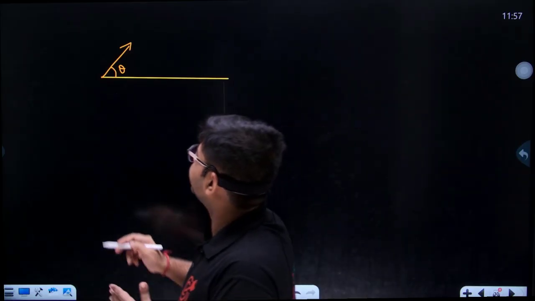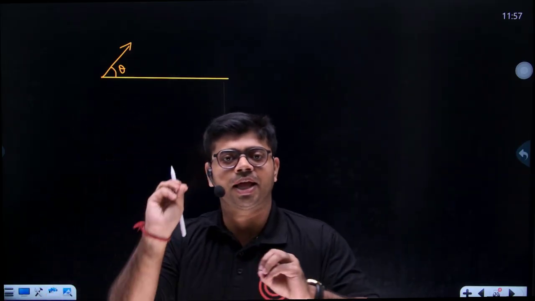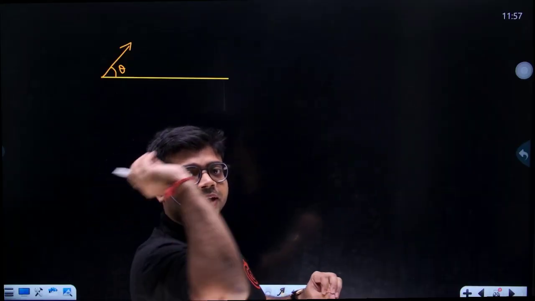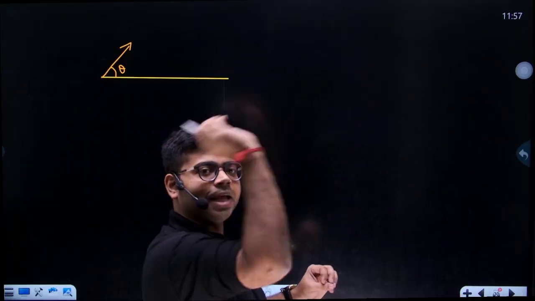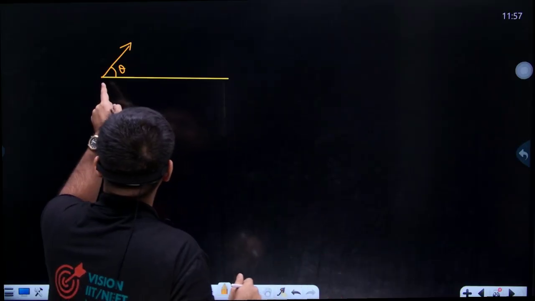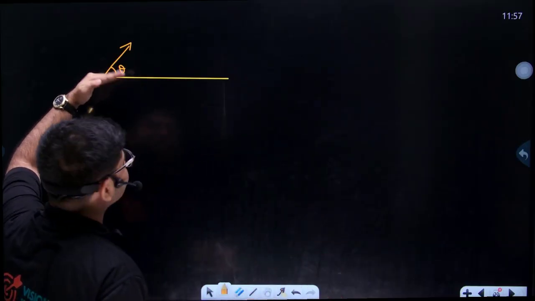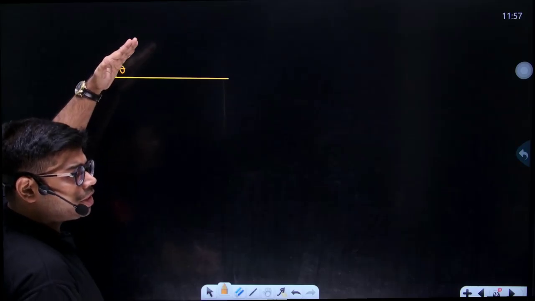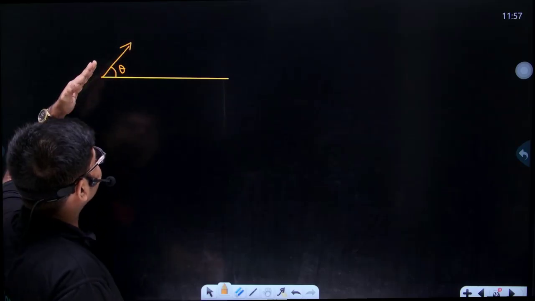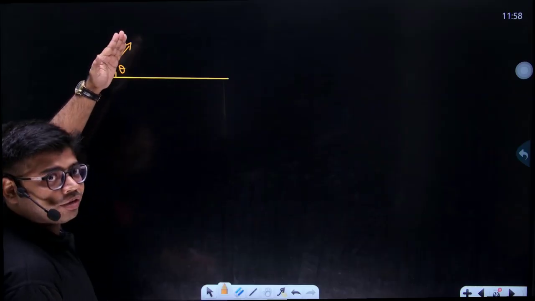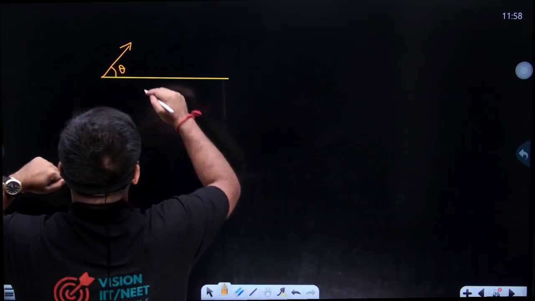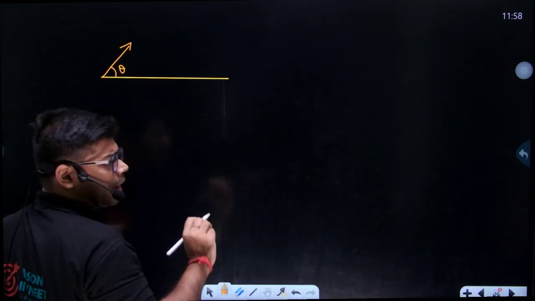From the ground you are throwing it, throwing something like this, ऐसे कि हम लोग फेंकते हैं ना चीजों को, so just like that you have thrown it, okay? And with the horizontal, the initial velocity of the object is making an angle of theta, right? Now what is going to happen?